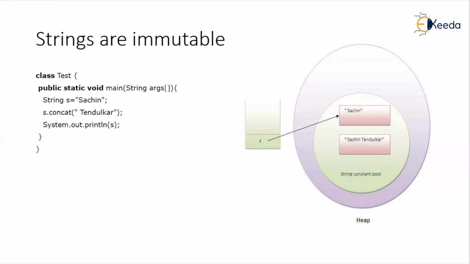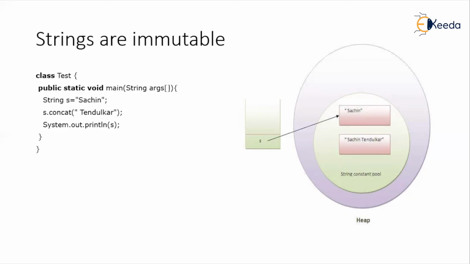Will it modify the existing data? No. The concatenate operation will be performed and a new string will be returned which will hold that concatenated data. So your original data s remains as it is.